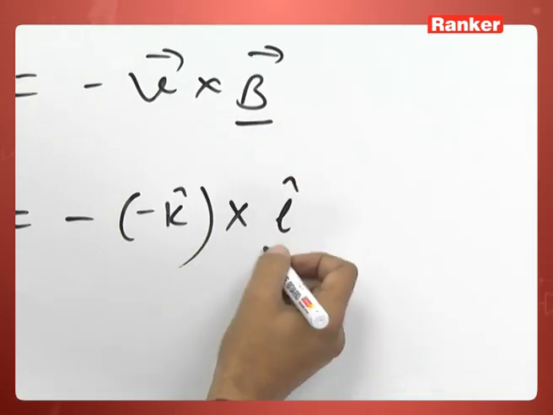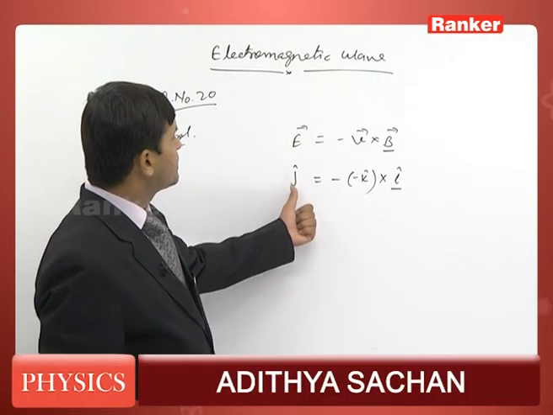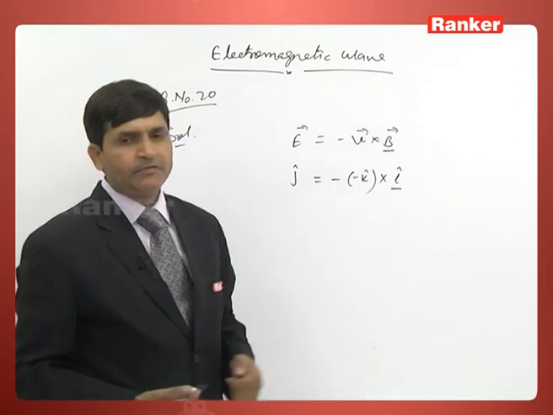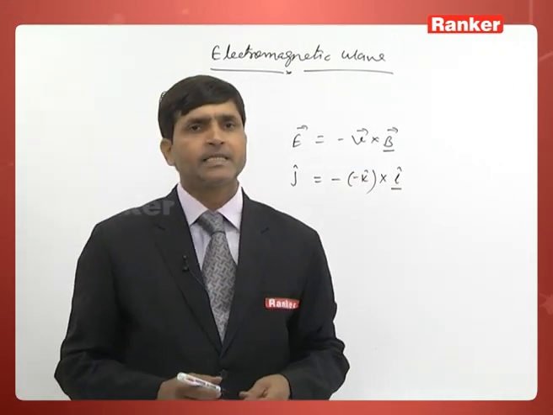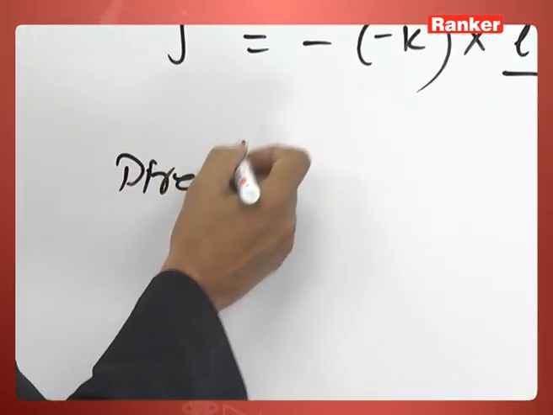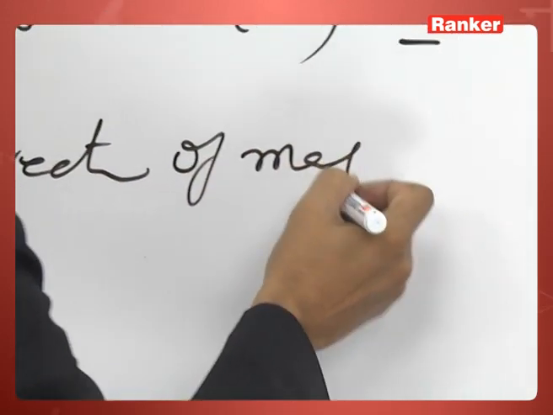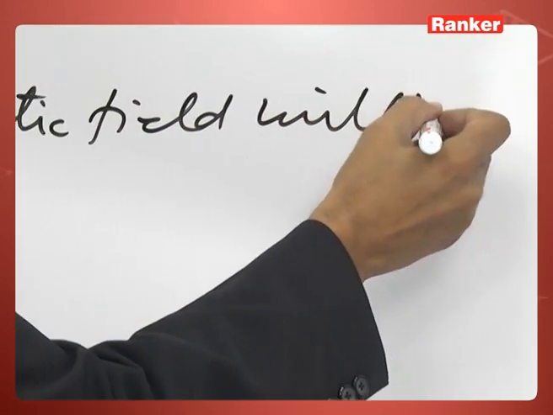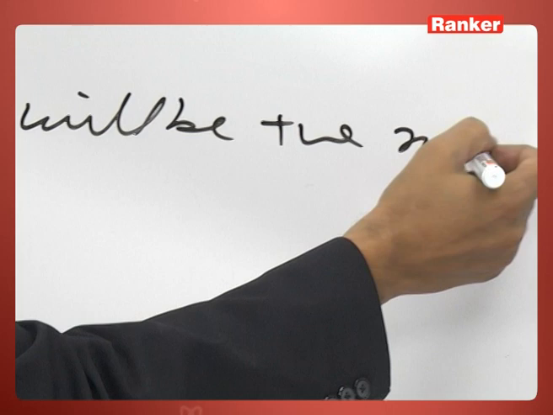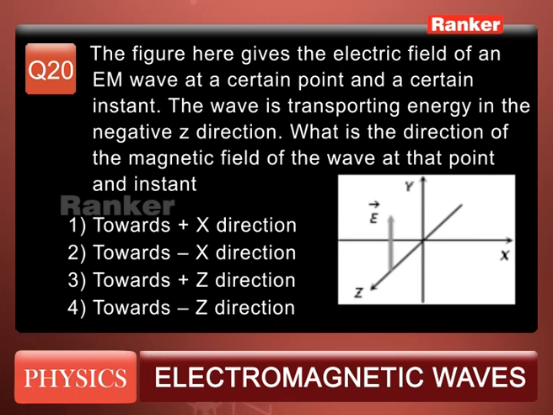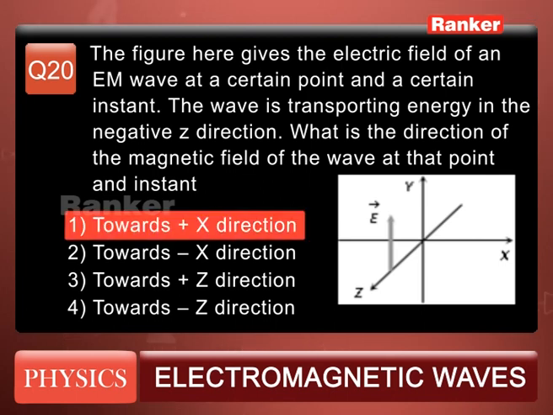If I write i cap here, then that gives us j cap. It means that the direction of the magnetic field is the positive x direction. So our correct option, option number first, is the correct answer. So this is question number 20.